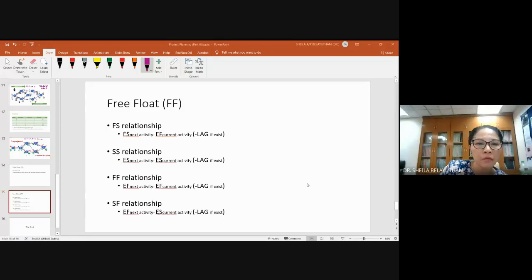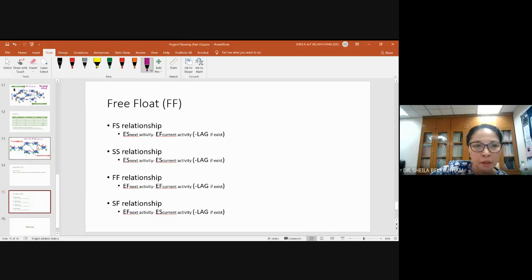Free float involves the relationship between activities. For finish to start relationship, free float is early start of the next activity minus early finish of the current activity. Start to start relationship, early start of the next minus early start of the current.